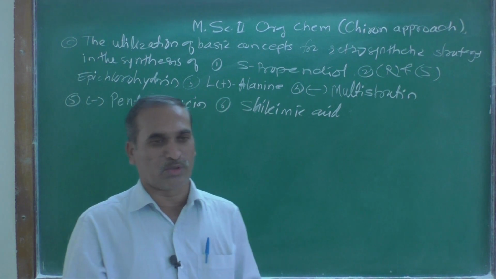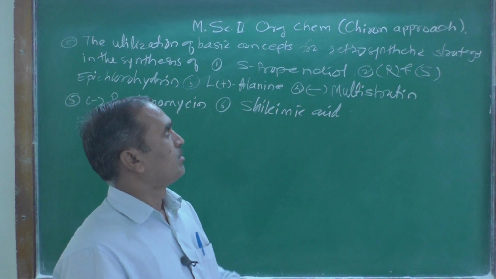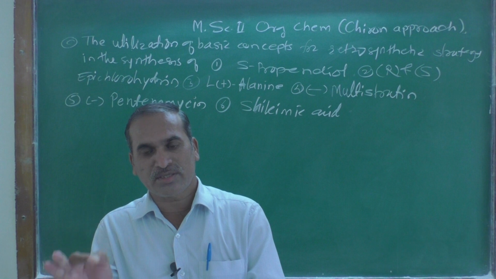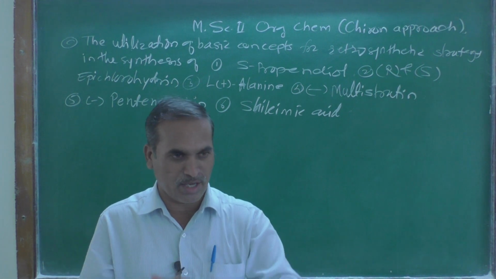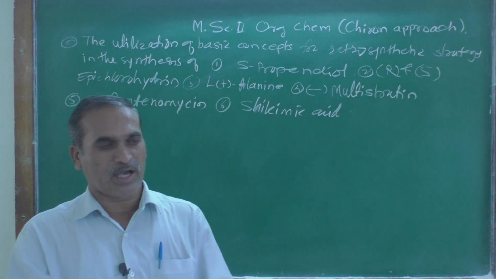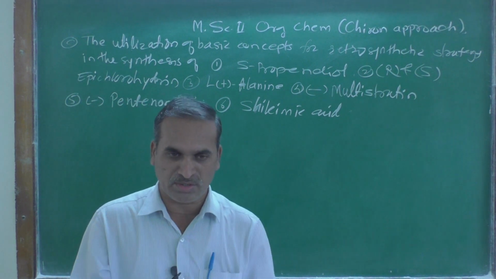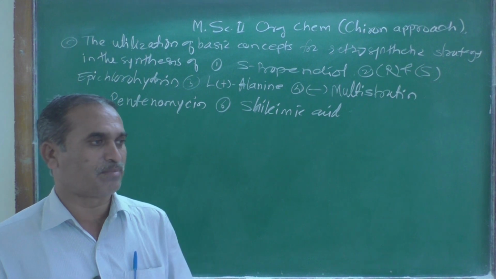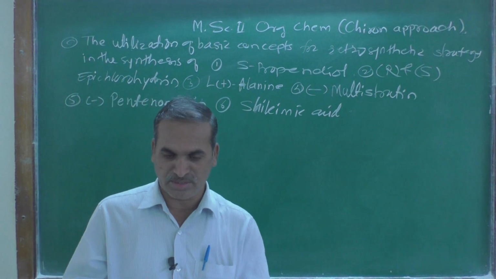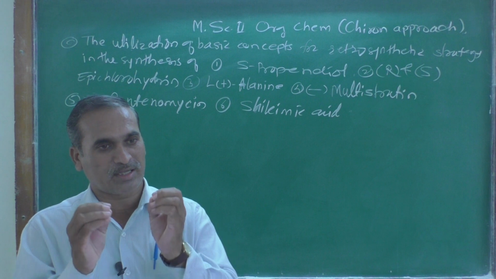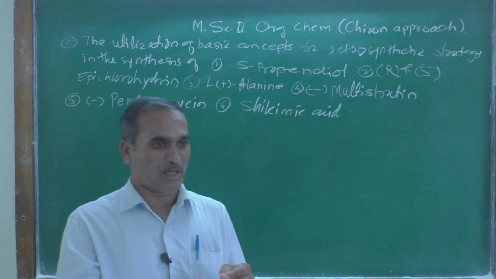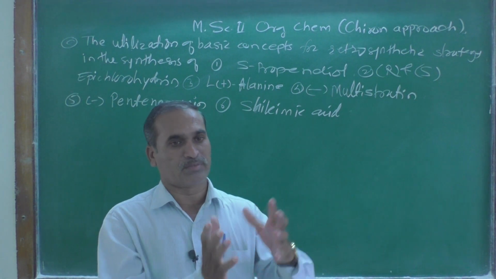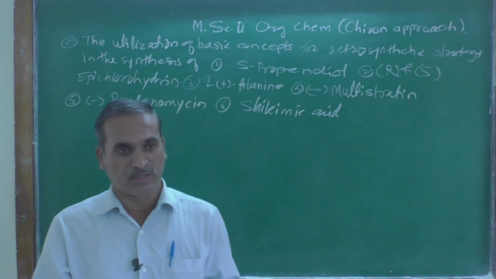And what we are going to learn today is that we are arriving at the last stage of this Chiron approach. So far we have seen that point A is the introduction, and point B is the utilization of the basic concept: what is a chiral template, chirons, and what kind of carbon framework.